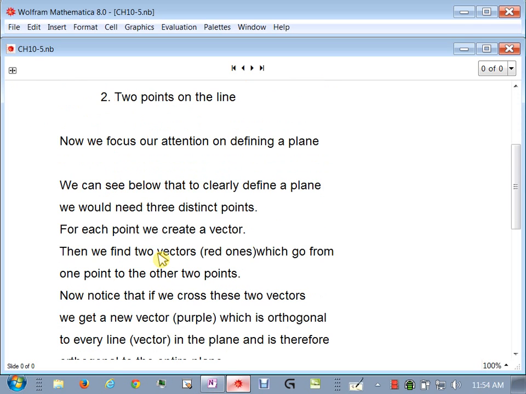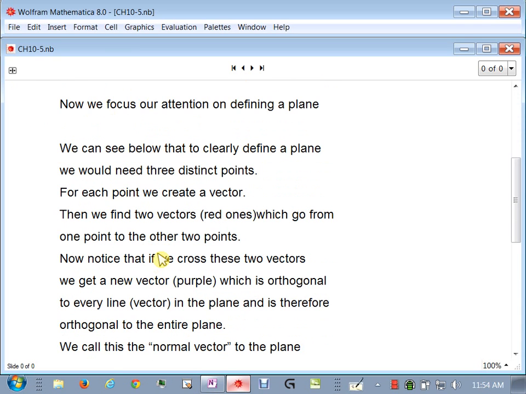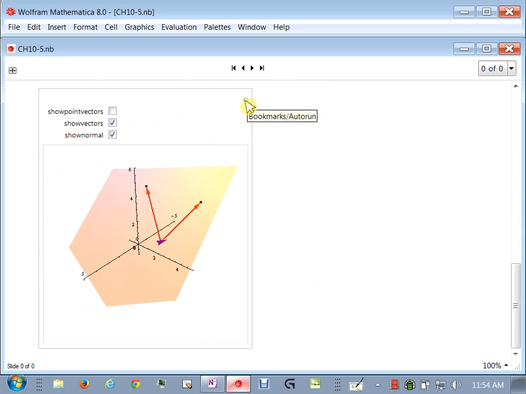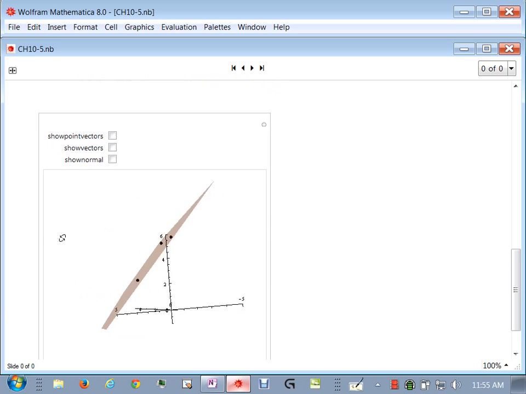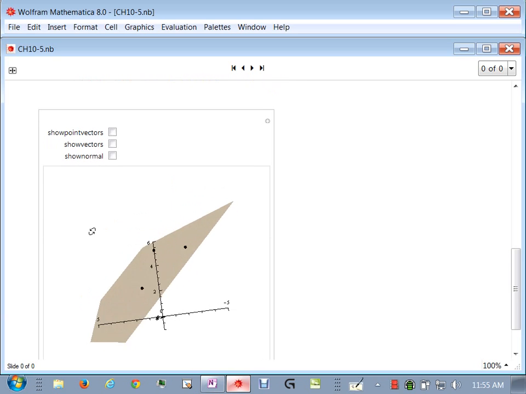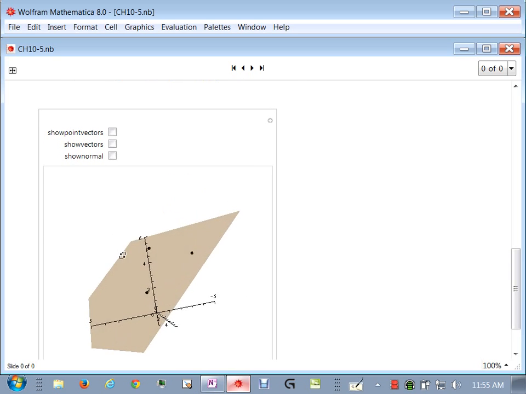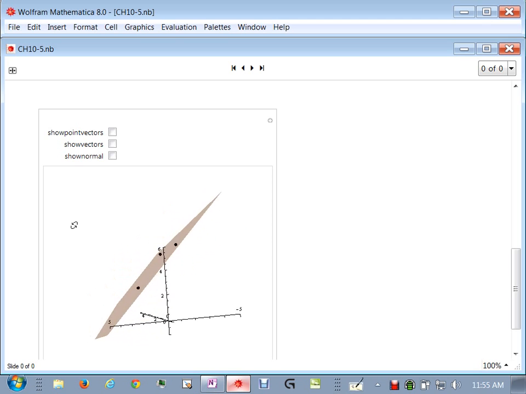Now we're going to focus on defining a plane. We can see below that to clearly define a plane, we would need 3 distinct points. So I'm going to just do this. I'm going to set it up and see if you can follow this. All right, everyone see this plane that those 3 points pass through? You'll see it? Okay.